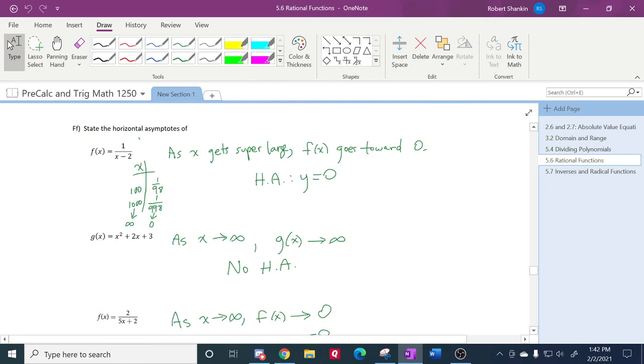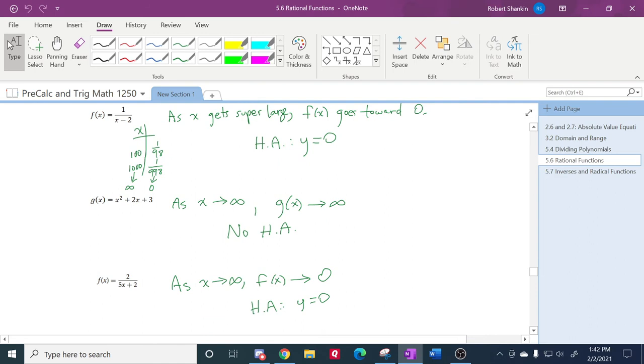This one didn't have a fraction. So when there's no fraction, as x goes to infinity, y will also go to infinity. In this one, the polynomial was in the denominator and the numerator stuck at 2, so as the denominator gets bigger and bigger, it drives the output to 0.